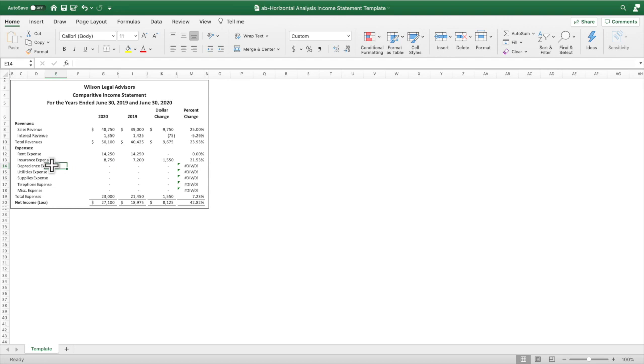Our depreciation expense for our truck. So this is depreciation expense for a truck. And I'm gonna type in 2020's as 3,550. And 2019 was 3,550. So they are using straight line depreciation there. It doesn't change.